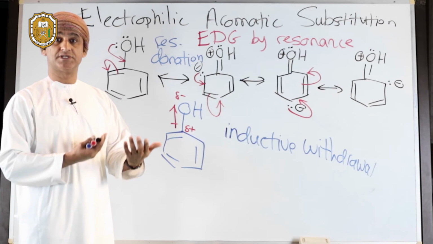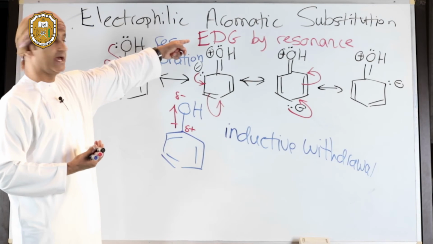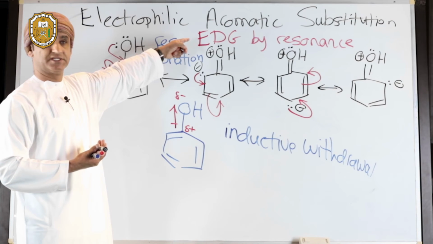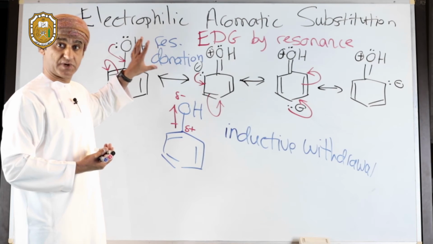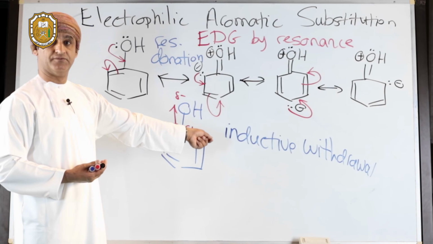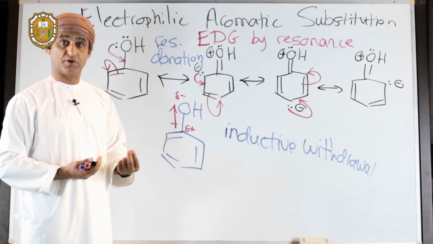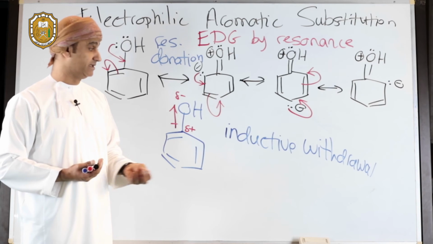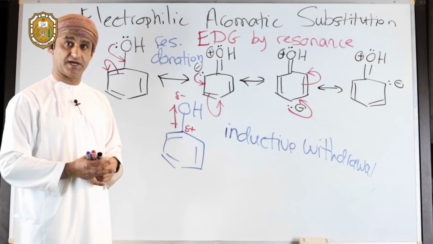So there are two opposing electronic effects, but the hydroxyl group is an electron donating group by resonance because its resonance is actually strong. Its resonance donation is stronger than inductive withdrawal. In other words, the resonance donation of the hydroxyl group outweighs the withdrawal of electrons by inductive effect.